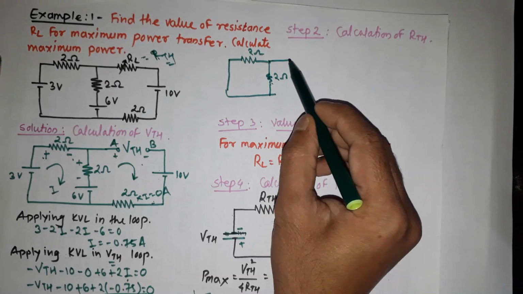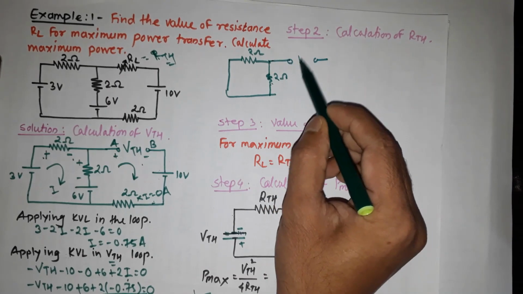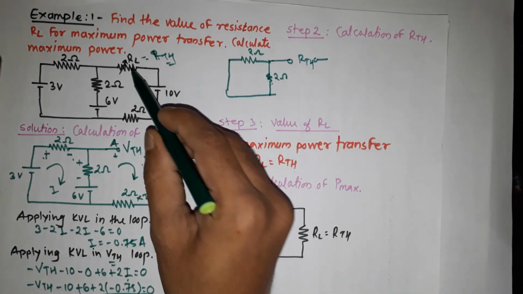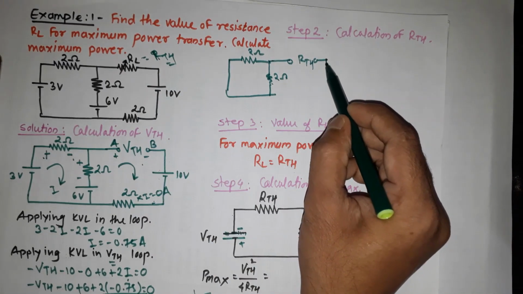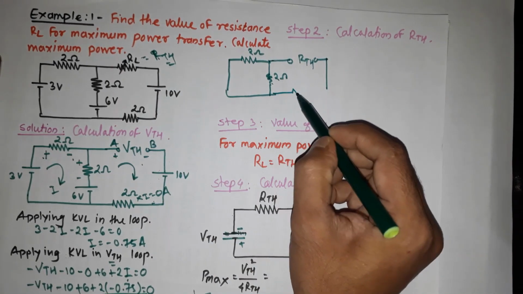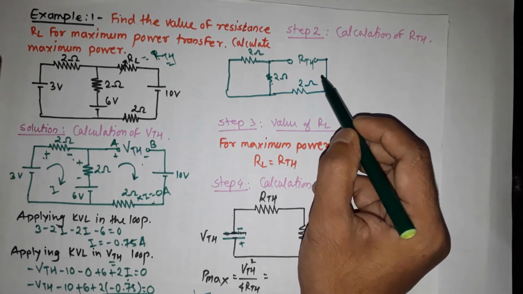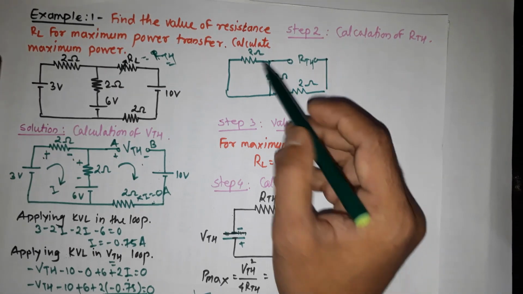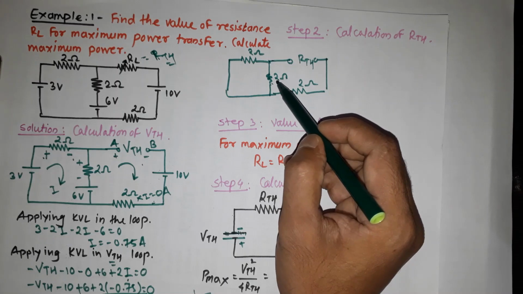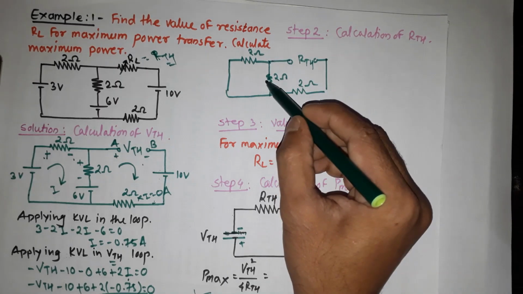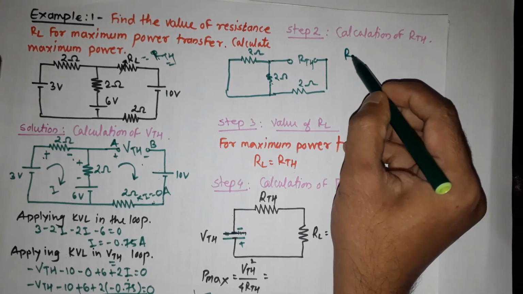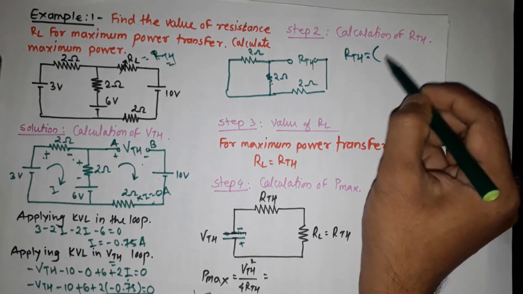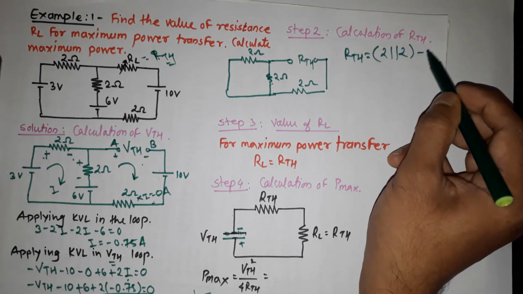Then the load resistance, we are removing the load resistance, and here we are finding the RTH. This 10 volts should be short circuited, here the 2 ohm is as it is. Now this 2 ohm and 2 ohm are in parallel, so we are taking the parallel combination, and that parallel combination will be in series with 2 ohm. So RTH is equal to 2 parallel with 2 plus 2.